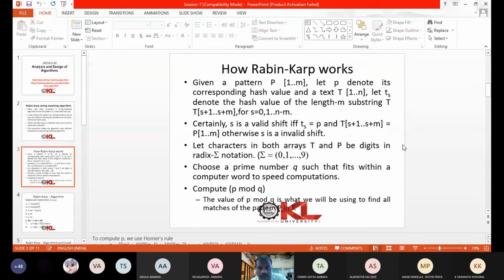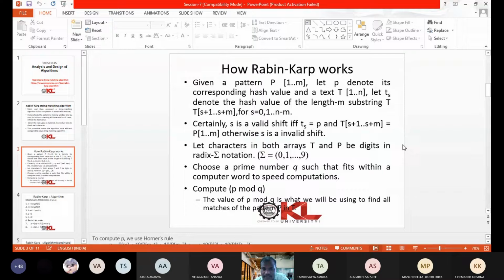If you see the working of Rabin-Karp, given a pattern P, where small p denotes its corresponding hash value, and a text T which contains n characters, 1 to n.